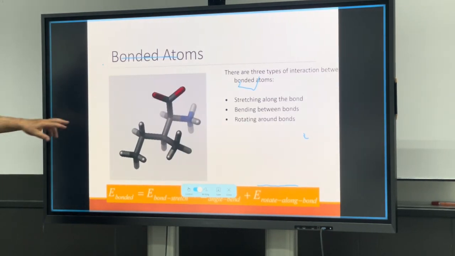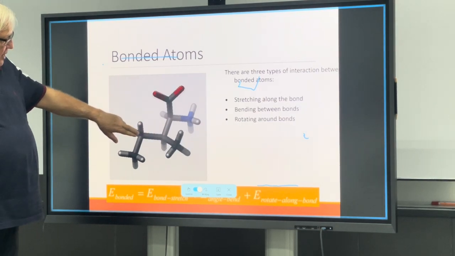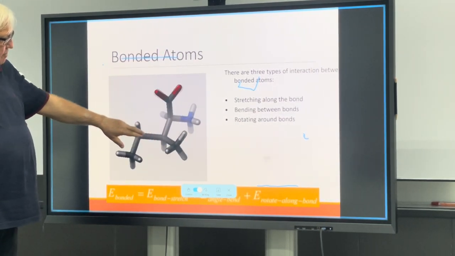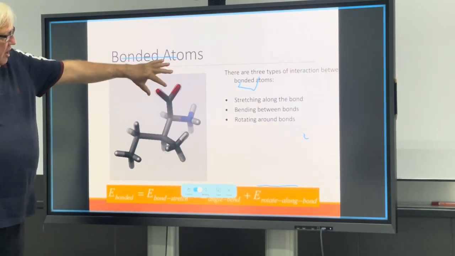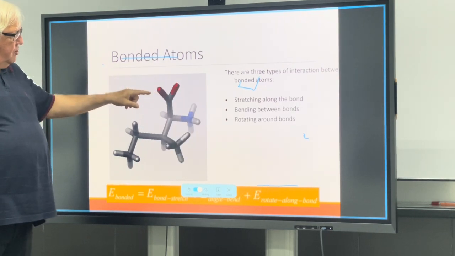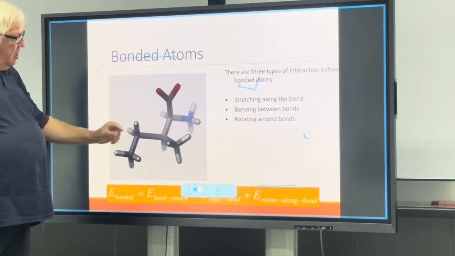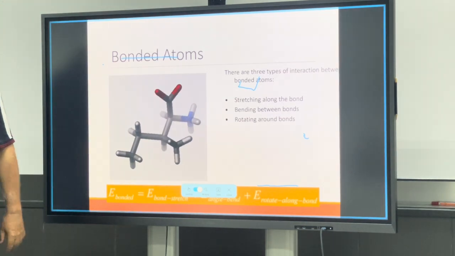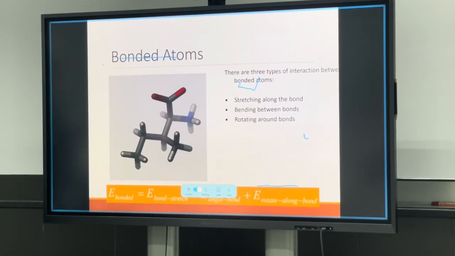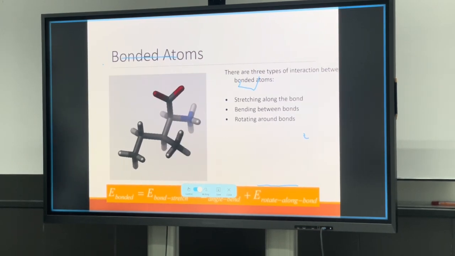So here you have a bond distance change, which gives you some energy change. Here you have a bond angle change, which gives you some energy change. And here you have a torsion angle rotation, which gives you also a changing energy. That is just the same thing as before in one picture, nicely compressed.